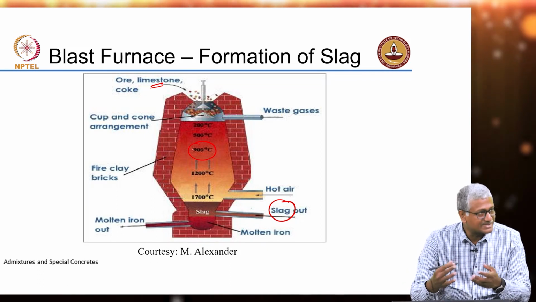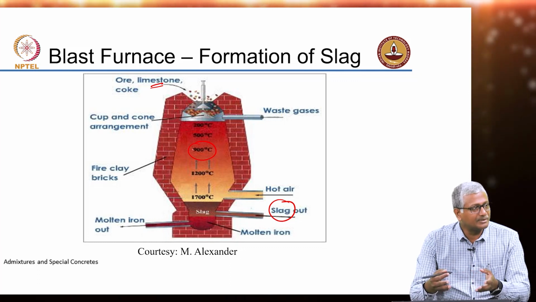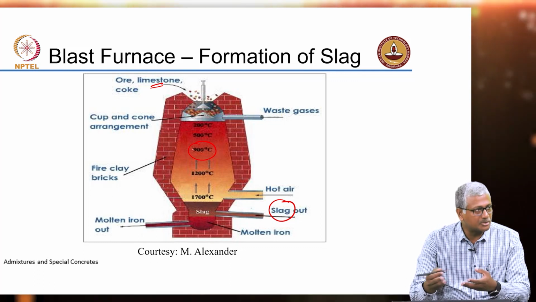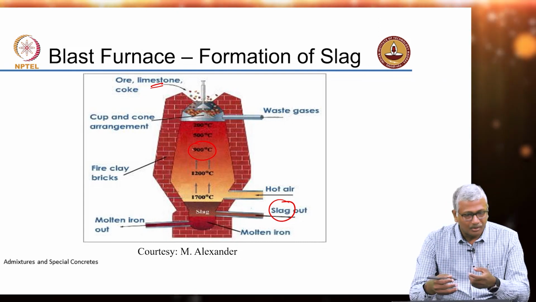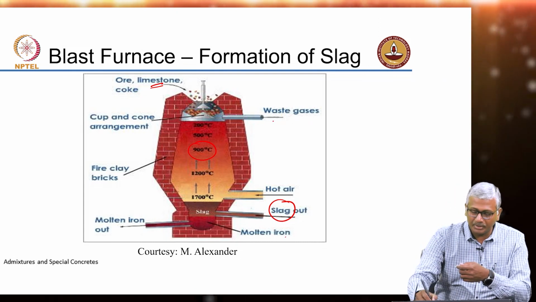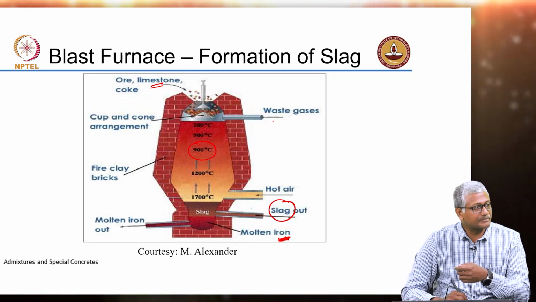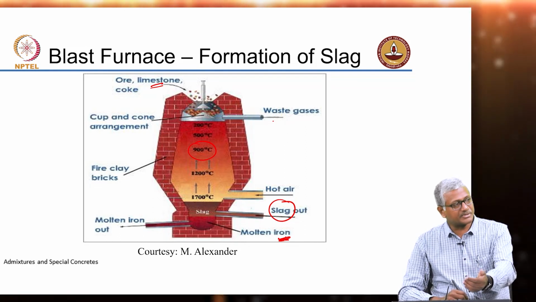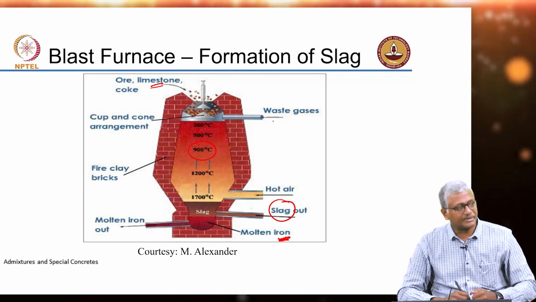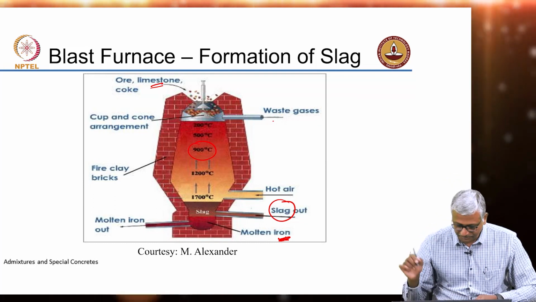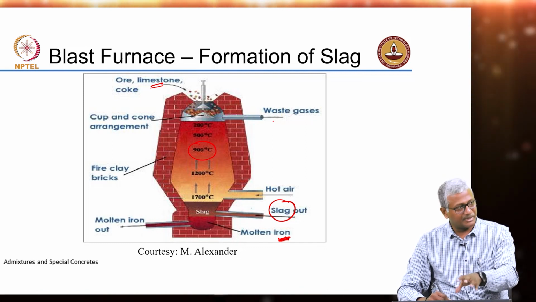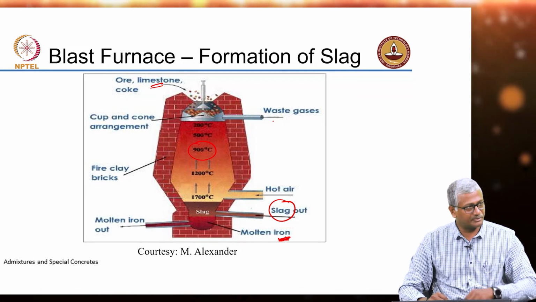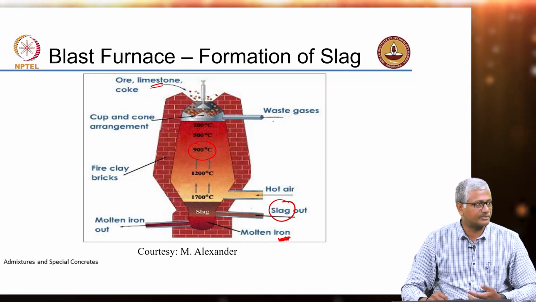So, very often in sustainability analyses, you will see that the amount of CO2 emission or energy for slag removal is not even considered. All of that is attributed to the steel. The CO2 that is getting emitted in this process is attributed to steel, not to the slag. So, you have to remember that this is the production process of steel, not of slag. Slag is collected as a waste.